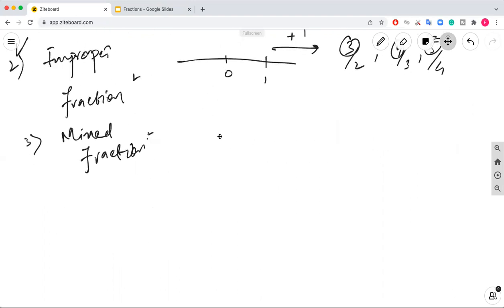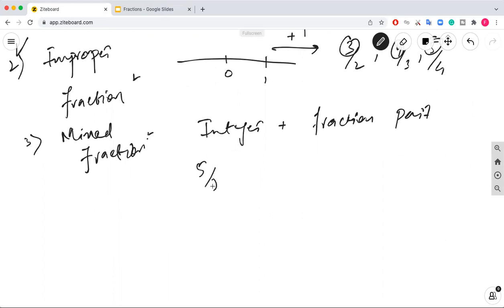Okay, third one is mixed fraction. A mixed fraction consists of an integer as well as a fraction part. For example, we have 5/2. We can also write this as 2 plus 1/2.